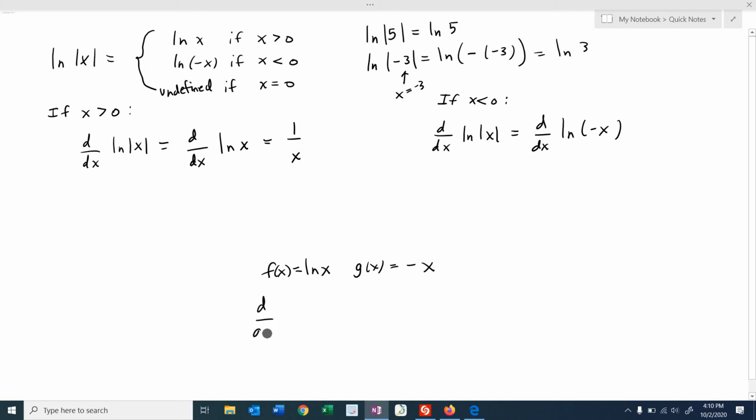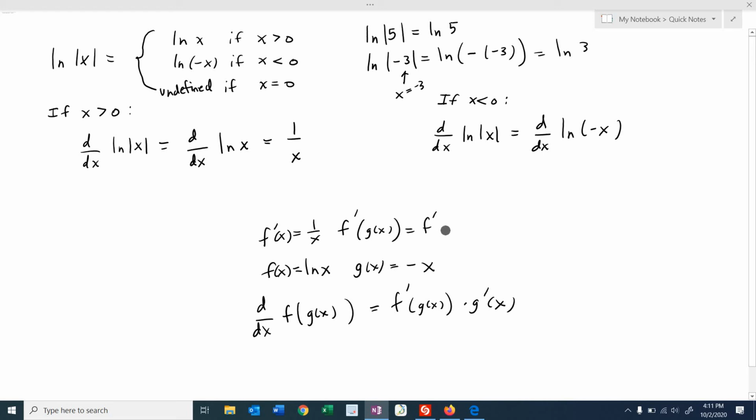So again, the chain rule says that the derivative of a composition of two functions, f composed with g, is f prime evaluated at g, which is the outer derivative, times g prime, which is the inner derivative. Okay, so f prime in this case would be 1 over x. But then you have to evaluate that at g of x.